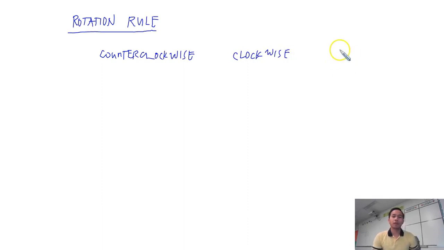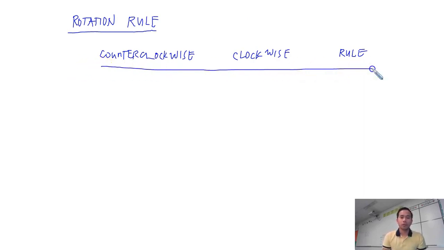And then we have to write at the end what will happen to the values of x and y of the point once we rotate it from the pre-image. So we have counterclockwise, clockwise, and the rule.